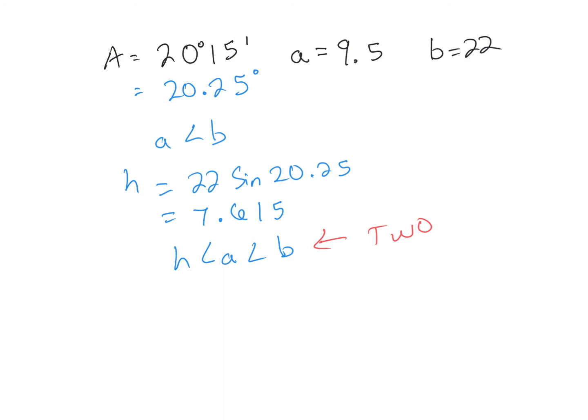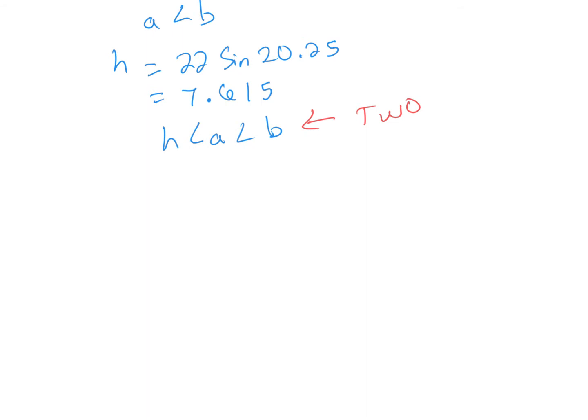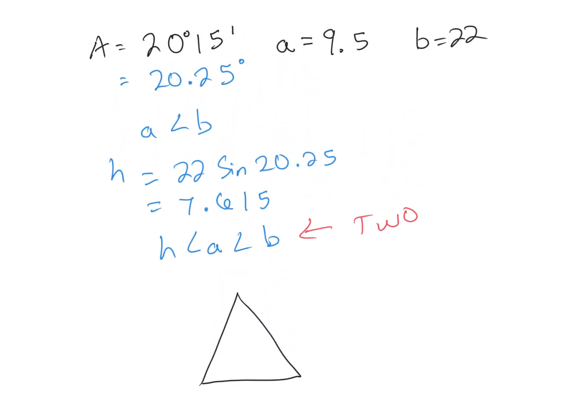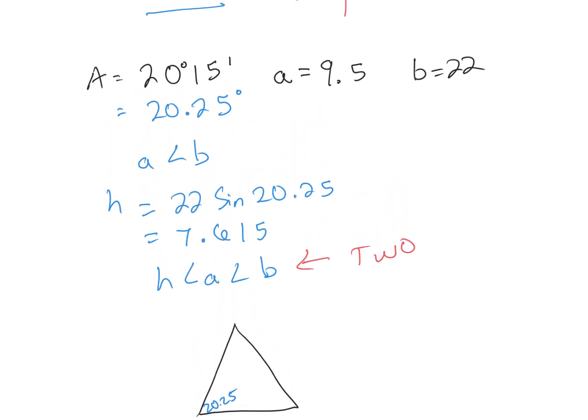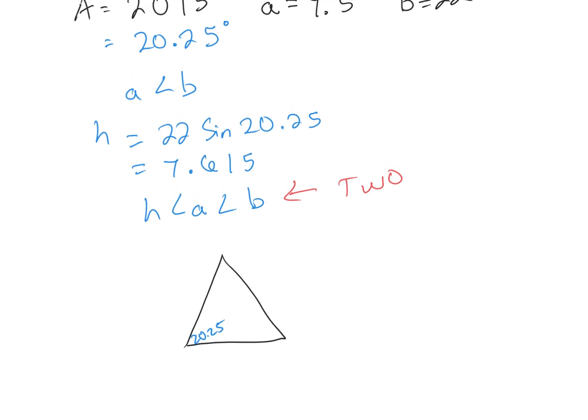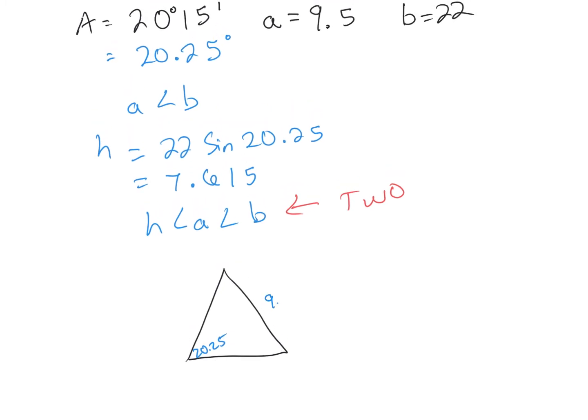So let's think about this. First we want to find out, what angles am I working with? So let's draw a picture of what we have here. We have here angle A. Angle A is 20.25. We have the side A is 9.5.